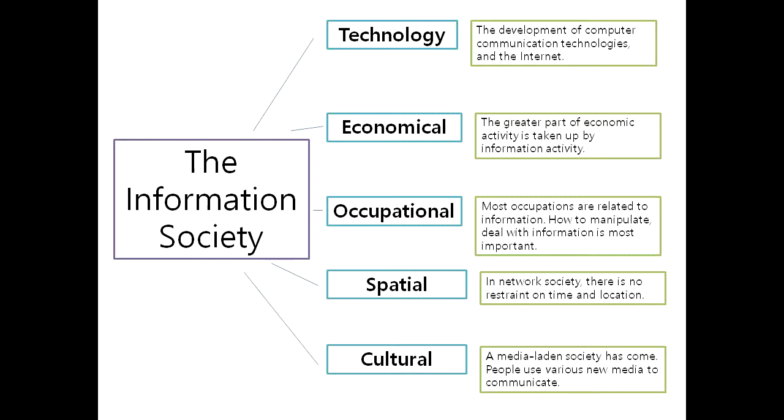How to manipulate and deal with information is most important. And fourth, space. In network society, there is no restraint on time and location. And the last criteria is culture. A media-laden society has come. People use various new media to communicate.